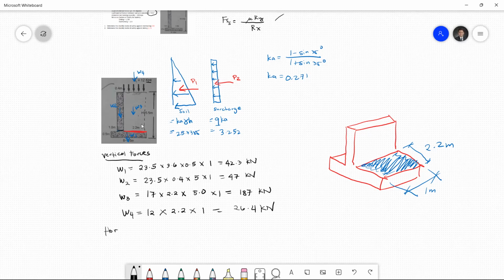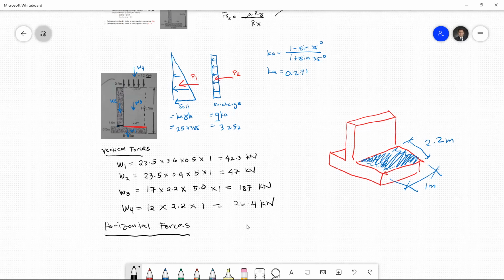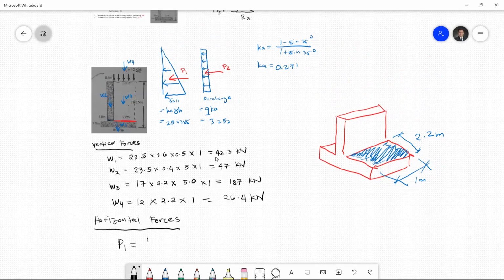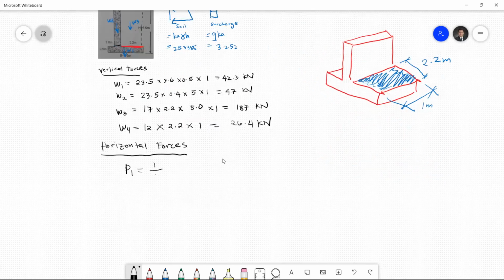For the horizontal forces, basically that is P1 and P2 only. So for P1, that is 1/2 Ka gamma H squared, or that is equivalent to the pressure diagram, this one, pressure diagram. So 1/2 of 25.3385 multiplied by 5.5 meters, okay, multiplied by 1 meter strip consideration.